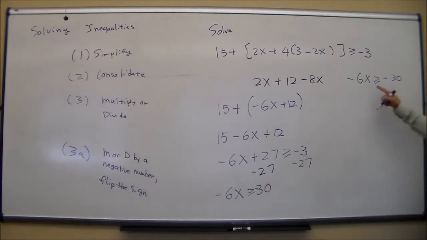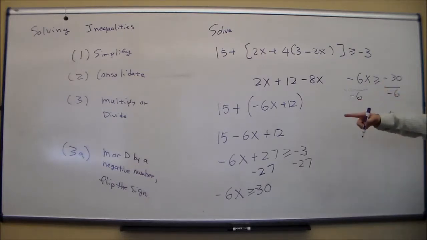I want to get rid of the negative 6. I'm going to divide by negative 6. Negative 6 divided by negative 6, they go away. Negative 30 divided by negative 6, negative numbers, so they become positive. Now, does it stay greater than or equal to, or does it flip?